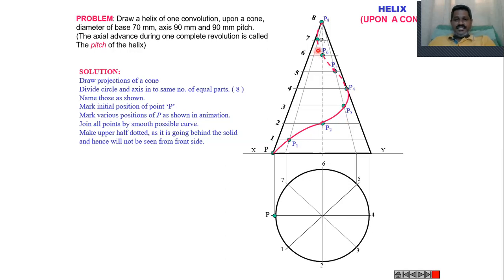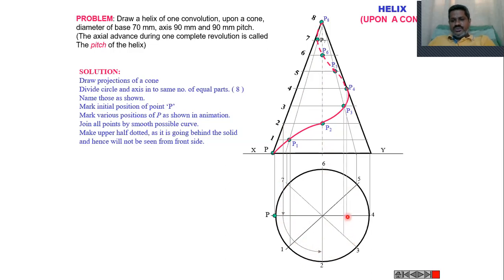Now let us draw the top view also. Now project all these points like this. First you project here, then the second you project here, and with that radius intersect a point here. Then the third point you project here.